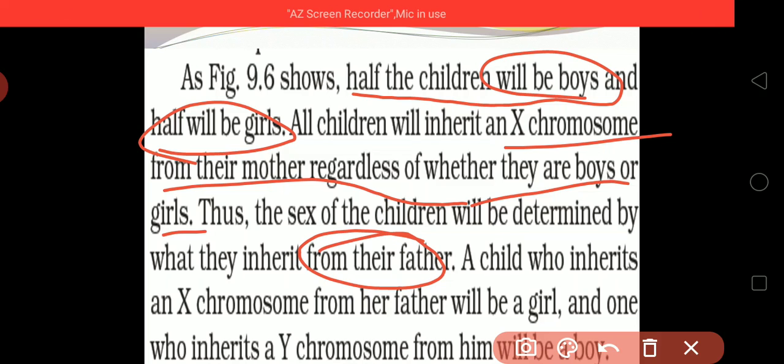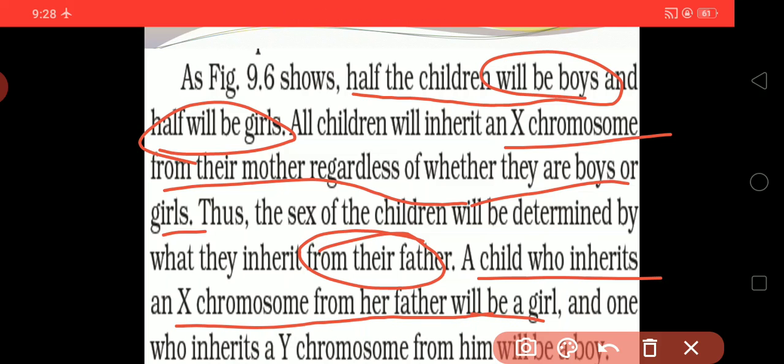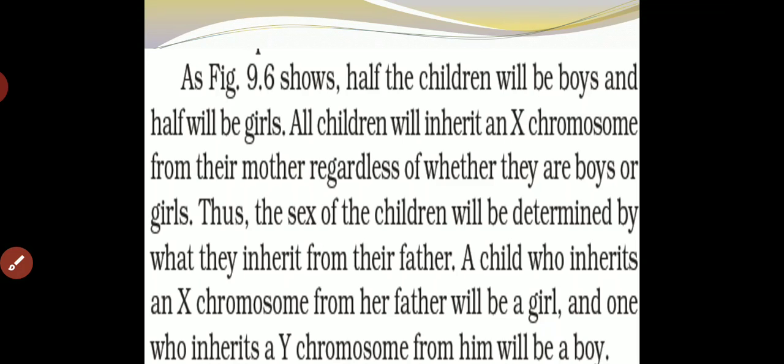It totally depends on the father's chromosome. A child who inherits an X chromosome from her father will be a girl, as we have just discussed. In the same way, one who inherits a Y chromosome from his father will be a boy child.